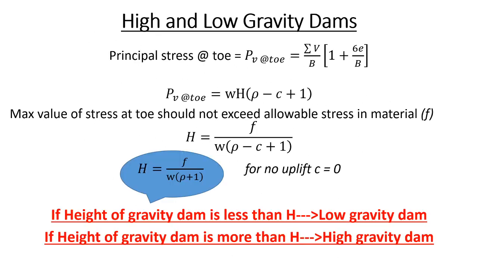Our next topic is high and low gravity dams. You know the basic equation for principal stress at the toe of a gravity dam, and this is the equation. If you substitute sigma v according to the elementary profile, you know that the vertical forces are the uplift pressure force and the self weight of the dam.